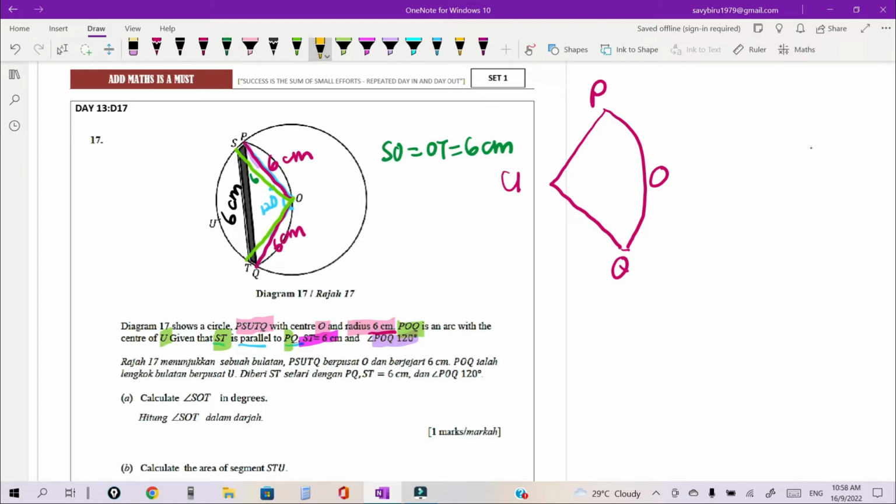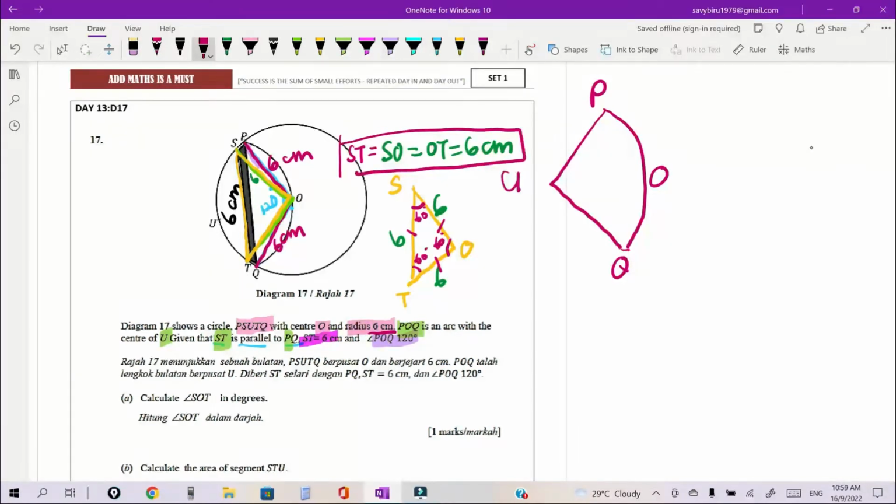So if I take out this triangle, here S, here T, here O, where here to here 6 cm, here to here 6 cm, here to here 6 cm, meaning that this angle is 60 degrees. Equilateral triangle: SO equals OT equals ST, that is 6 cm.